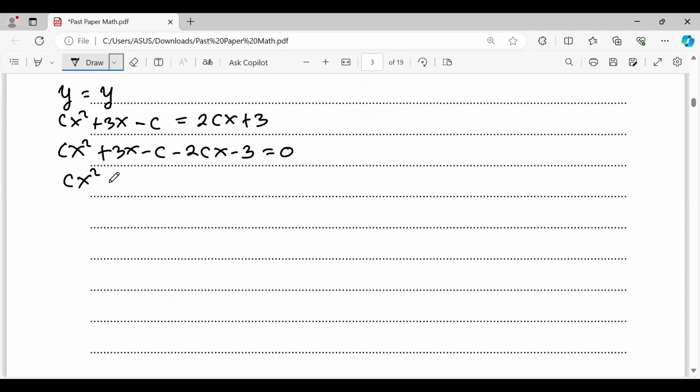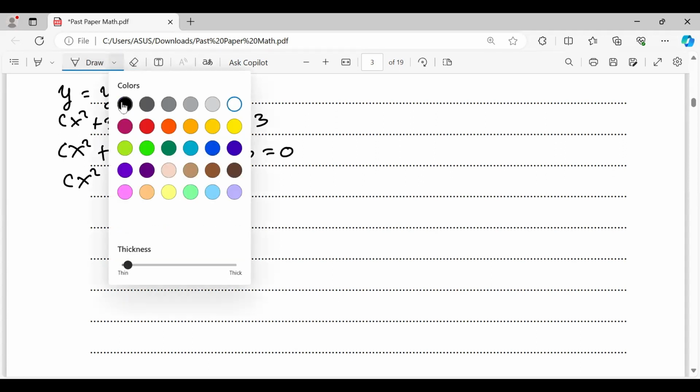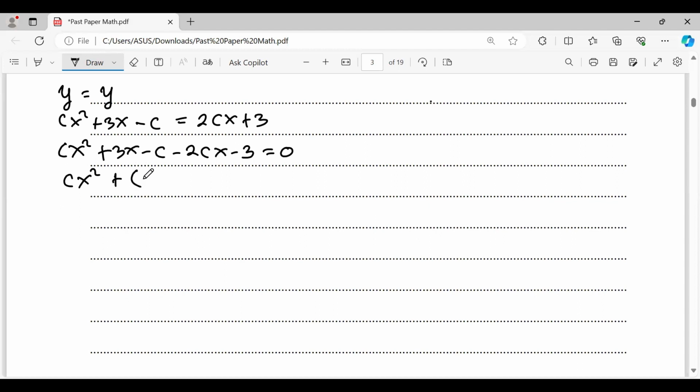So it's going to be cx squared, then plus (3 minus 2c)x, now we have to factorize, minus c minus 3 equals 0.